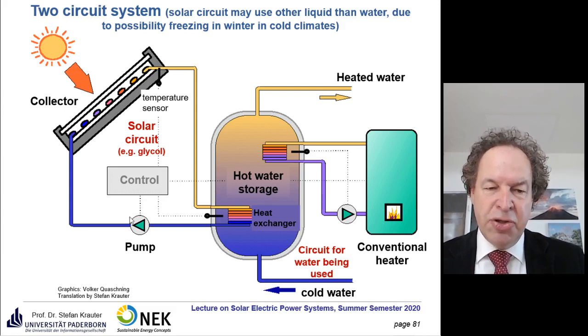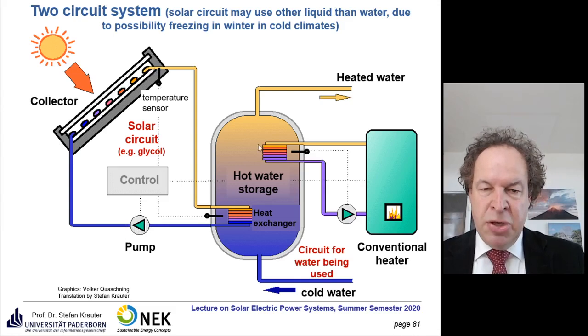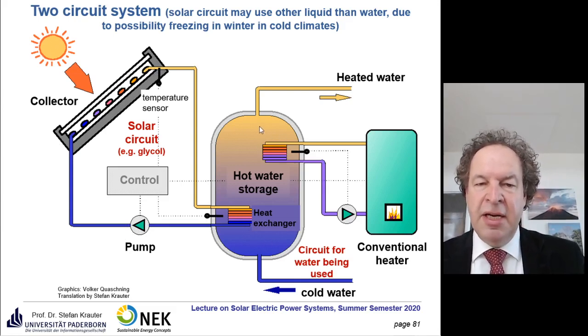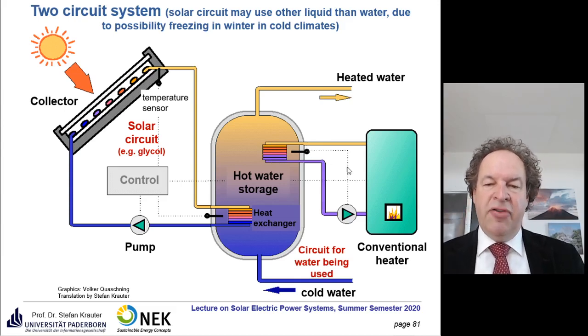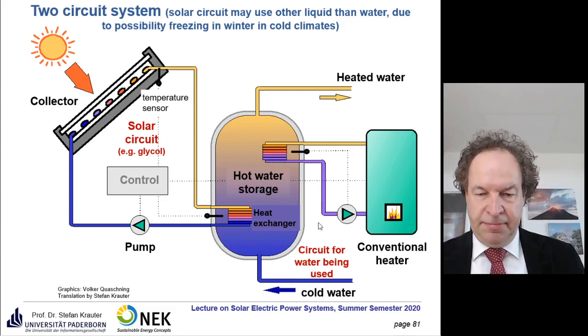If it's higher, you switch on the pump. If it's colder, you keep the switch shut, and then there's no pumping. You wait until the temperature is increasing. So you also have the hot water storage as a stratification tank. You take off the hot water. Plus, if you have really cold days and little irradiance, you have an additional heater there.